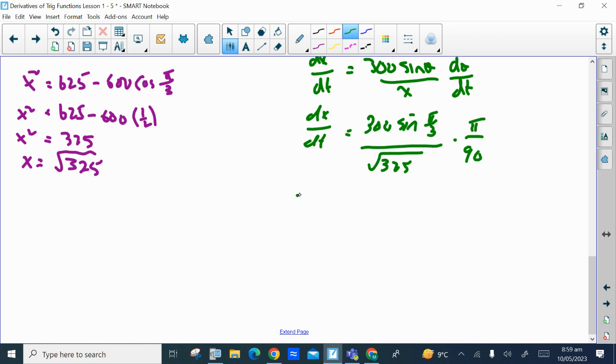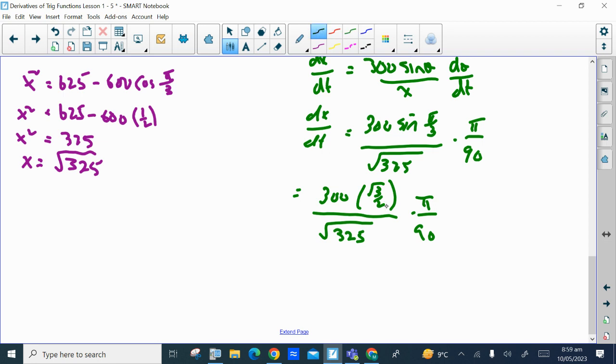So you just have to work this out now. The sine of pi on 3 is root 3 over 2, over the root of 325, times pi over 90.